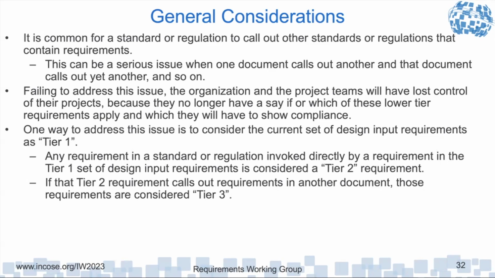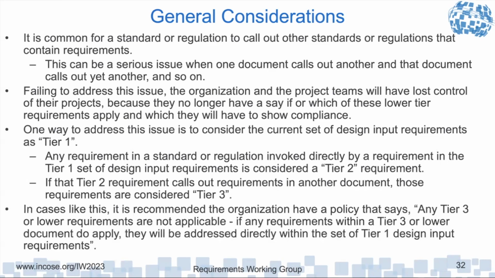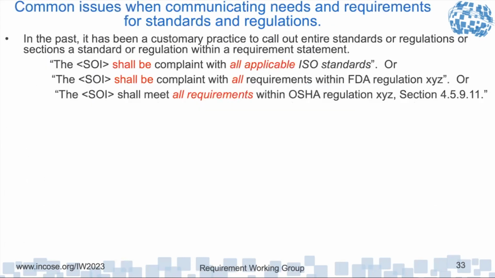If that tier 2 requirement calls out requirements in another document, those would be tier 3. Then the organization should say that any tier 3 or lower requirements are not applicable. If any requirements within a tier 3 or lower document do apply, they will be addressed directly within the set of tier 1 design input requirements.